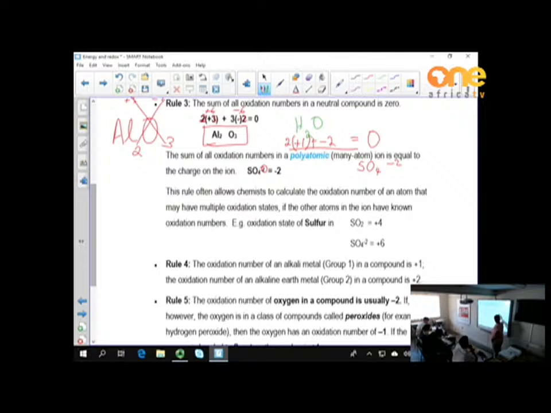How many oxygens do we have? So I have -8. Now my sum must equal -2. So -8 plus what will give me -2? +6. So the oxidation state of the sulfur in the sulfate ion is +6.